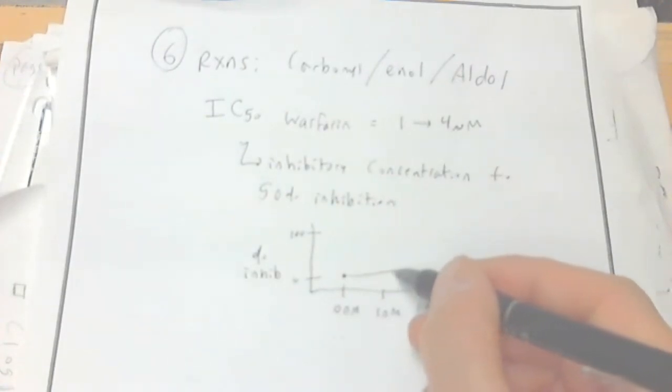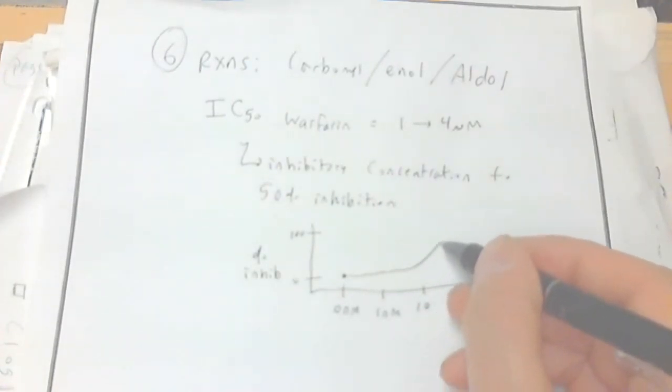Then we'll say 10 nanomolar, and then we start ramping up, and eventually we might get inhibition at 100%, right? So 100 nanomolar, maybe 1,000 nanomolar, maybe 10,000 nanomolar. I'm going logarithmically here.